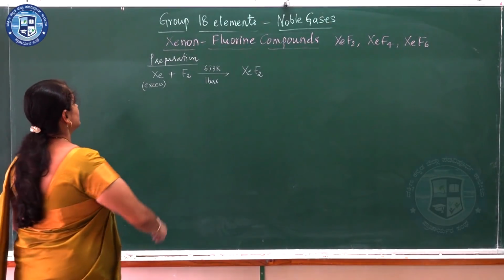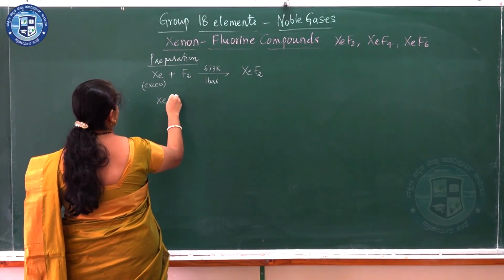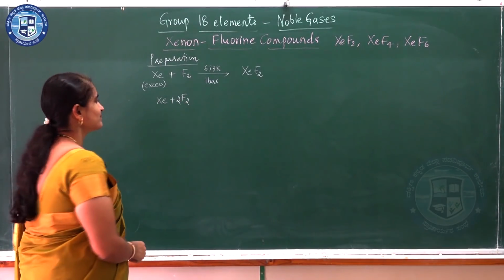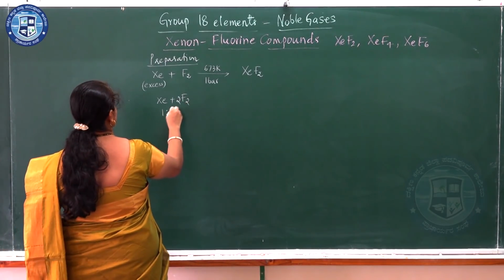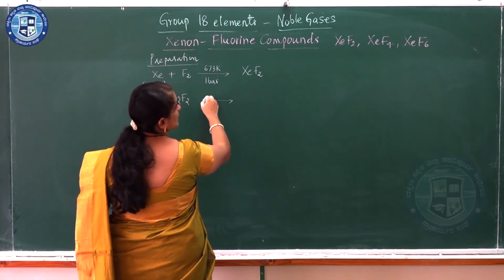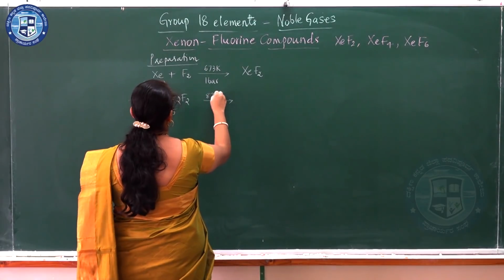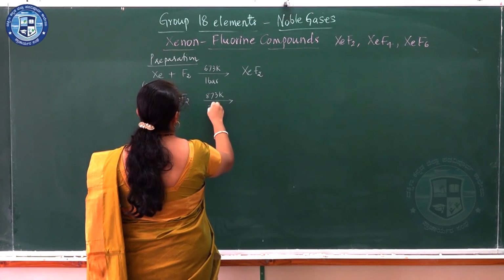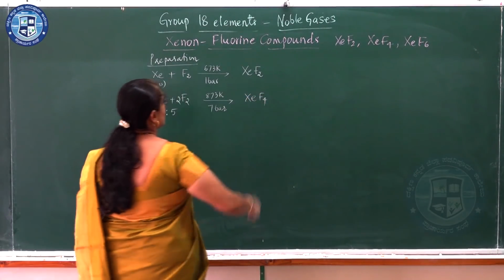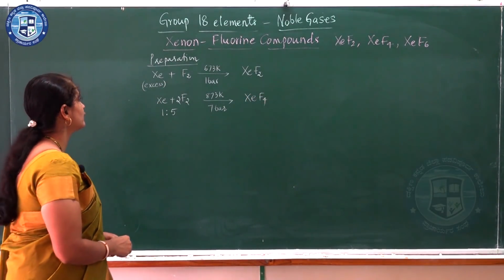Next, if I increase the number, I will take Xe with 2 molecules of F2 in the ratio of 1:5, at a slightly higher temperature of 873 Kelvin and 7 bar pressure. I will end up with XeF4, that is, tetrafluoride.